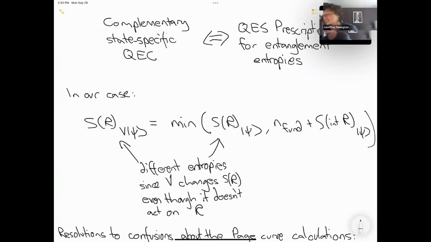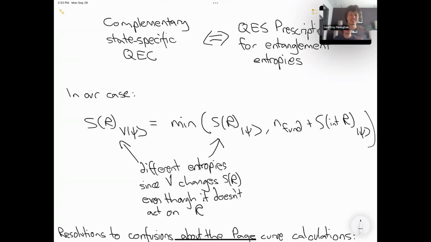Okay, so this is exactly the quantum extremal surface prescription, or the island rule. The first possibility is just the semi-classical entropy of the radiation. The second possibility is the horizon area plus the semi-classical entropy of radiation plus interior, right? Entropy of radiation plus the island.